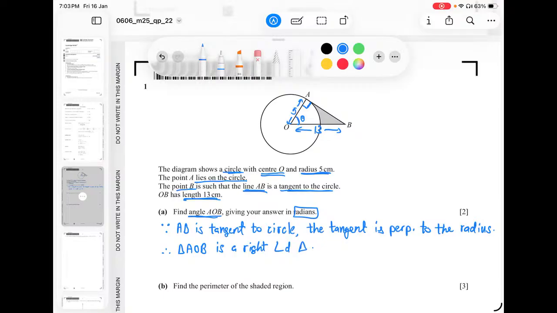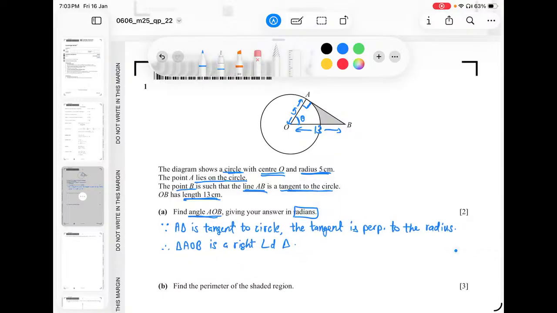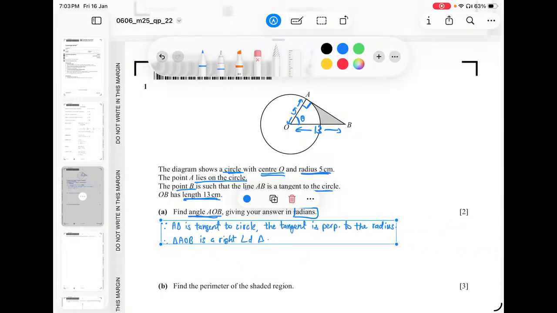So from this you can find AB. Let me just shrink this property, the explanation I've given. Now we have all the information jotted down, and now what we do here is find AB first.